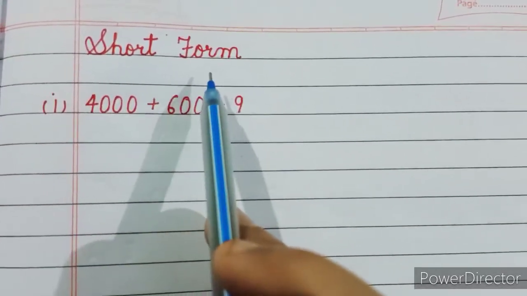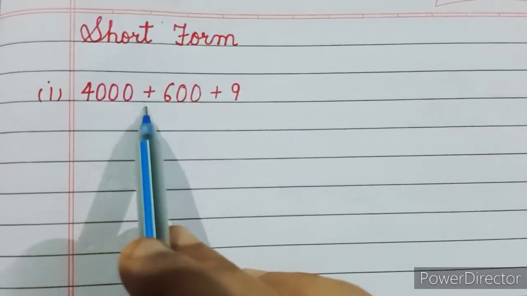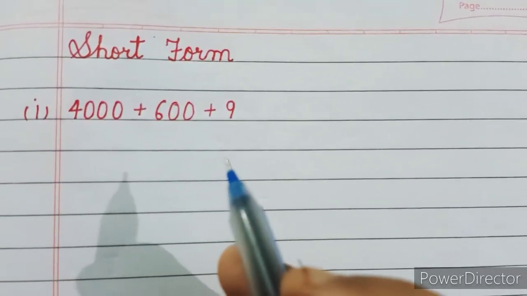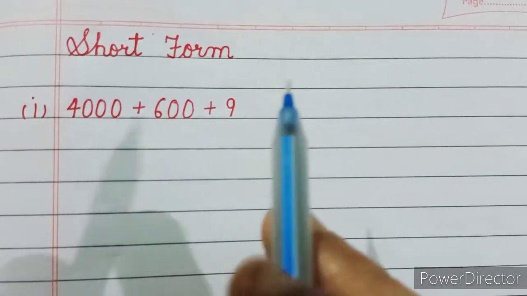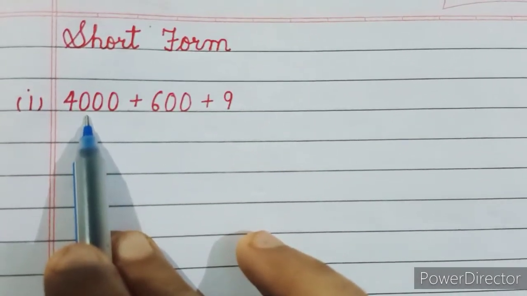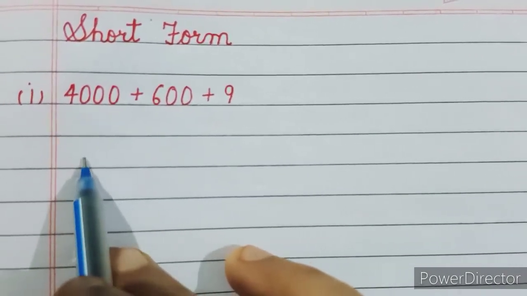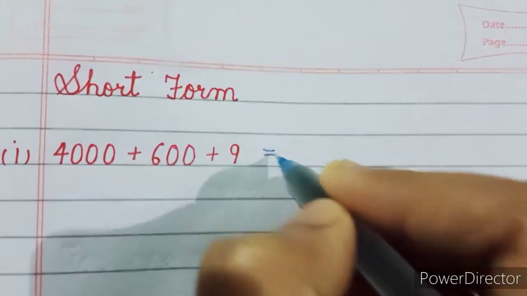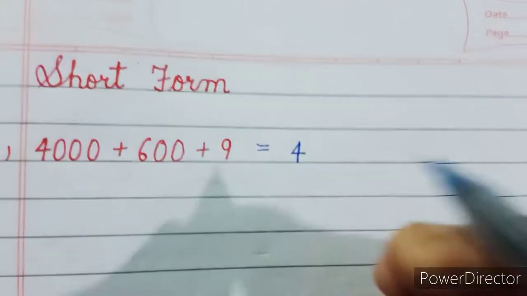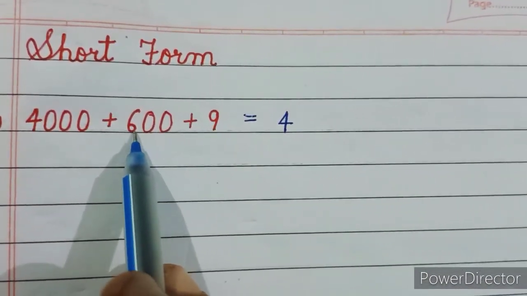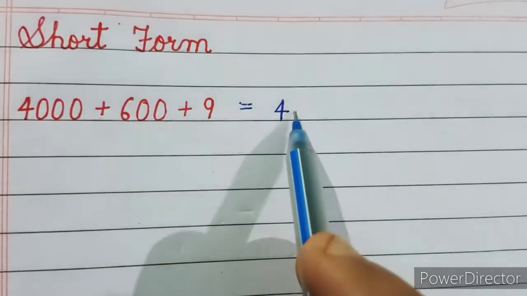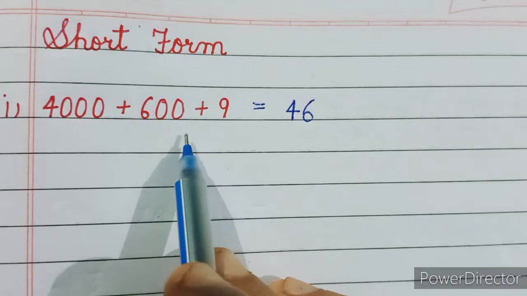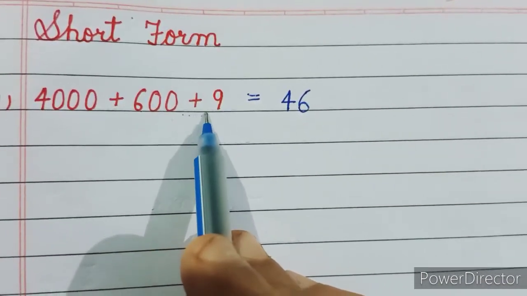Short form. Question 1 is 4000 plus 600 plus 9. Now, how do we write this in short form? Let's learn. Here is 4000, so we take 4 of the 4000. We have 600, so we take 6 of 600. Look here, children. There is no tens.